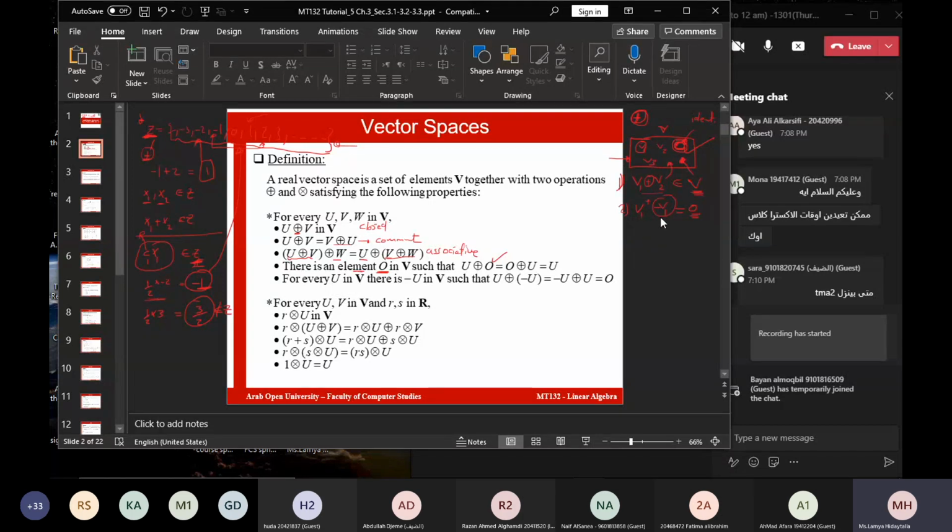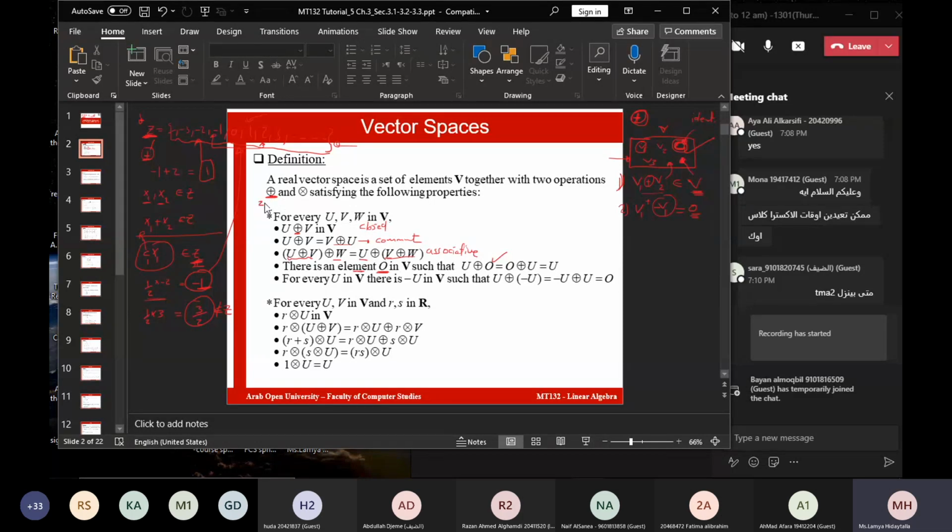And also we should have the inverse of this vector, which is minus V1, the vector which when we add it to this vector, gives the zero vector. So all these 5 conditions should be satisfied. So we finished with the operation of addition.